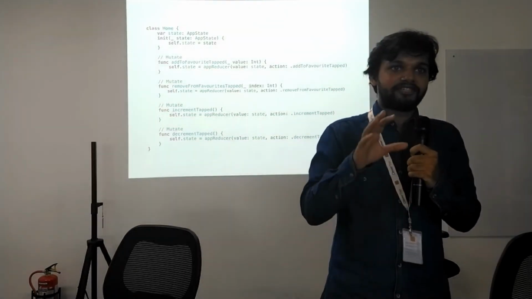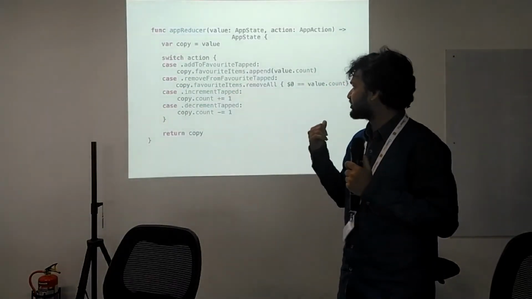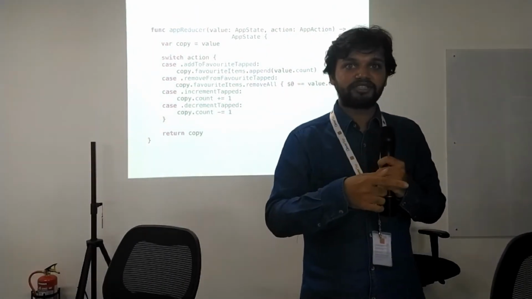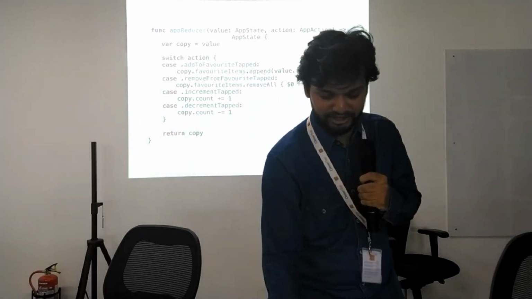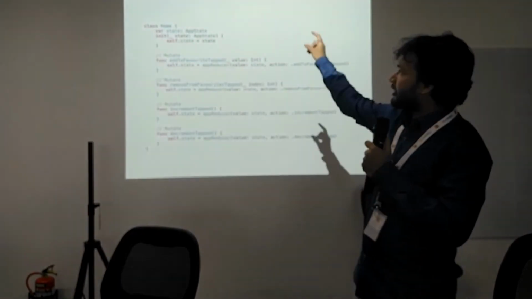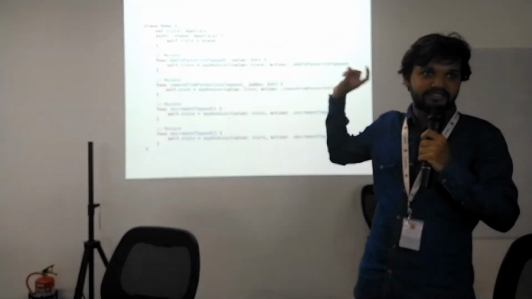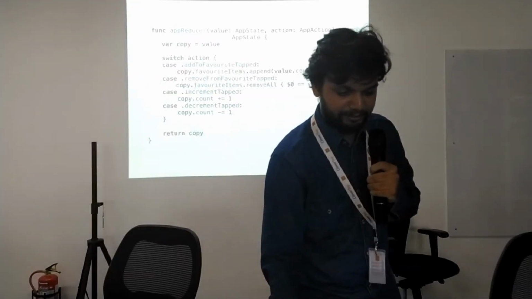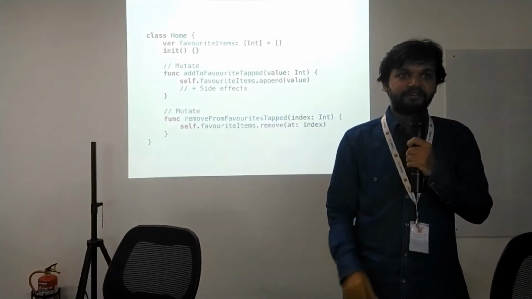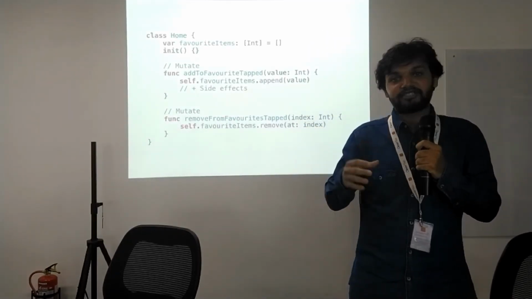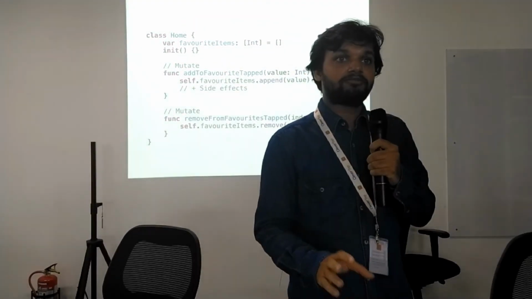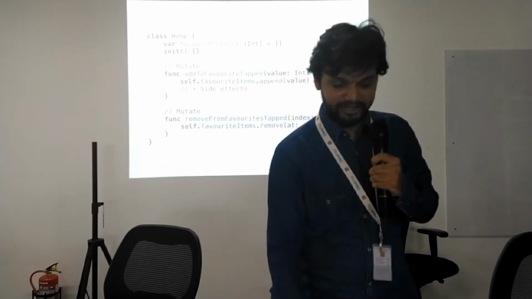So this is how, after defining this function, I'll apply it to my current reducer as a current class which is going to use a reduce function. Now here what you'll see is at the top I only have a single variable state, whereas in the previous slides I had a variable, and if I had more variables I would have had three or four variables here, but now all those variables are abstracted away in the app state.